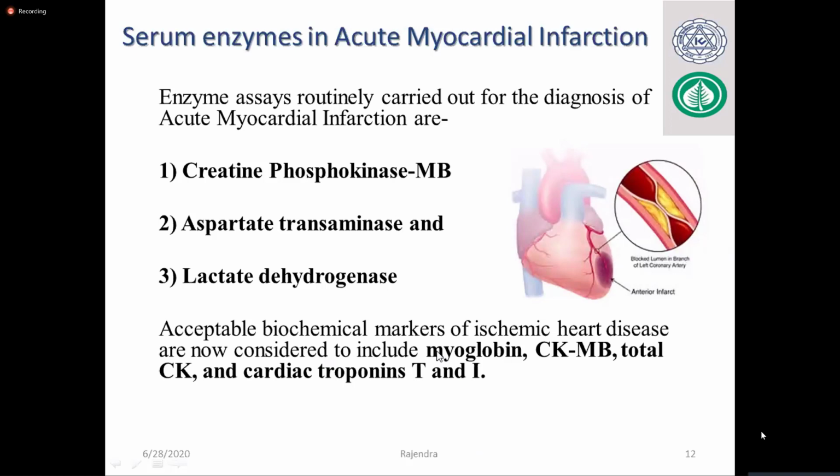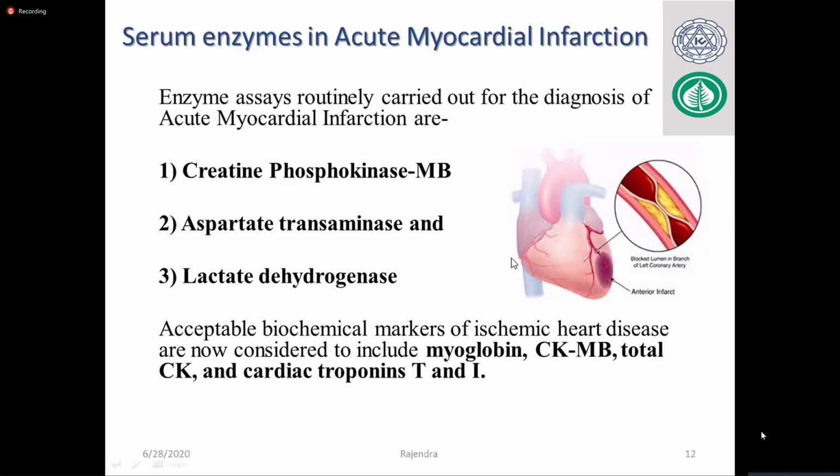Myoglobin is a protein similar to hemoglobin, not exactly. CKMB is an isoenzyme of CK, then total CK, and cardiac troponin T and I. There are three types of troponin; we generally measure T and I.